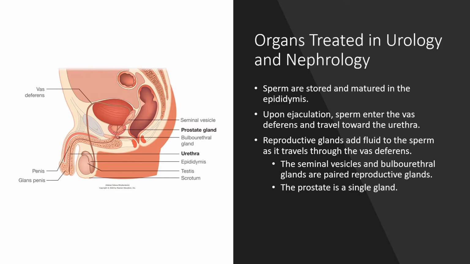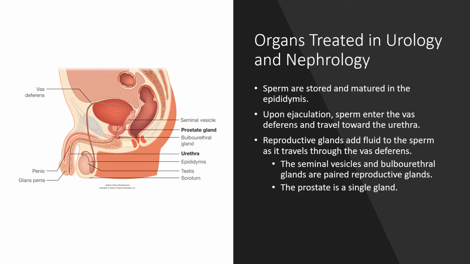Sperm are stored and matured in what's called the epididymis, and then during ejaculation, sperm enter the vas deferens and travel toward the urethra. Reproductive glands add fluid to the sperm as it travels through the vas deferens. These reproductive glands, called the seminal vesicles, bulbourethral glands, and prostate gland, are going to add the fluid.